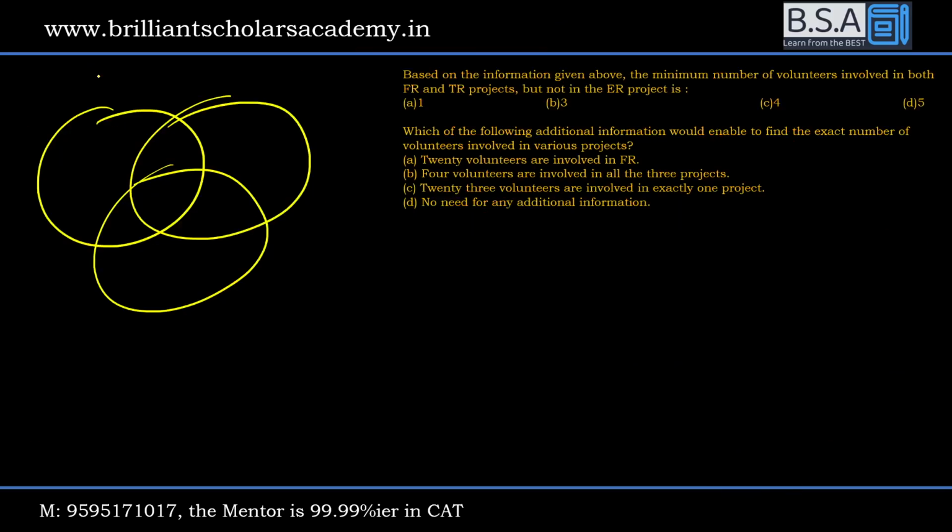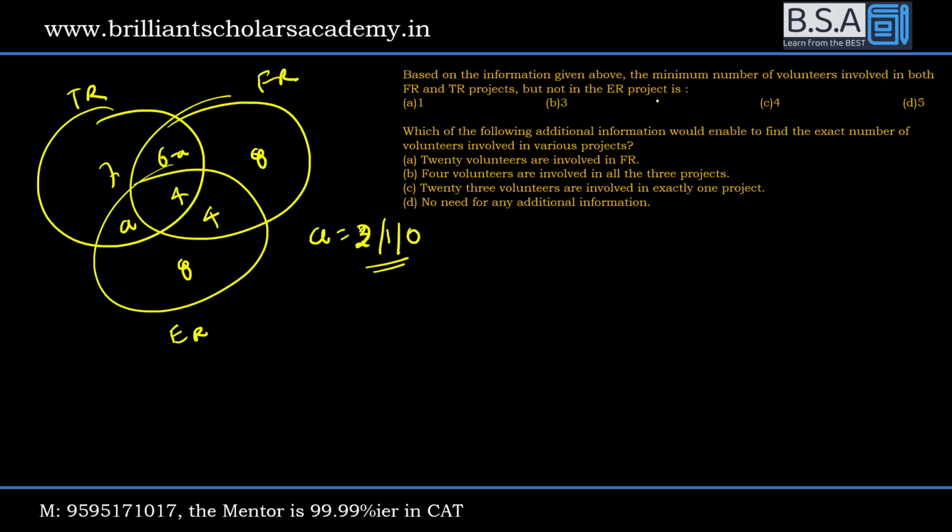Names TR, FR, ER. This was 7, 8, 4, 4, 8, A, 6 minus A. A was less than 3. So A was 2, 1 or 0.